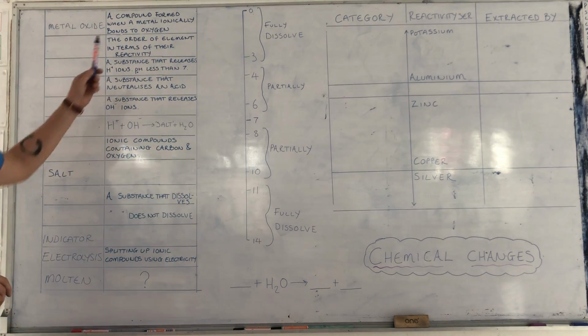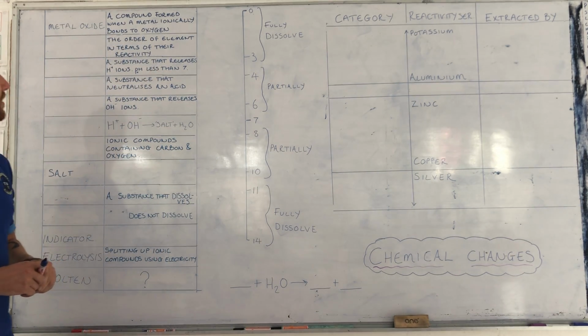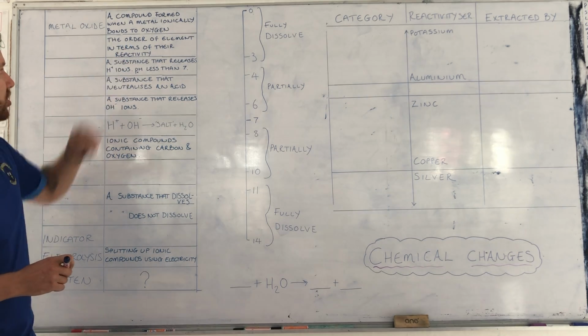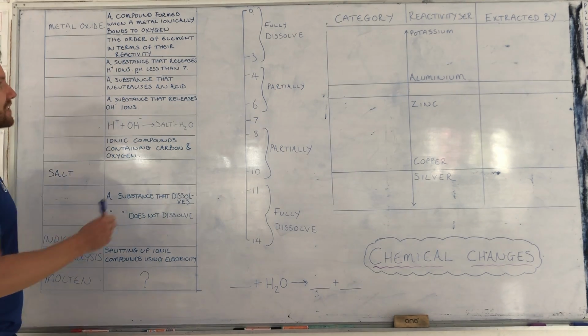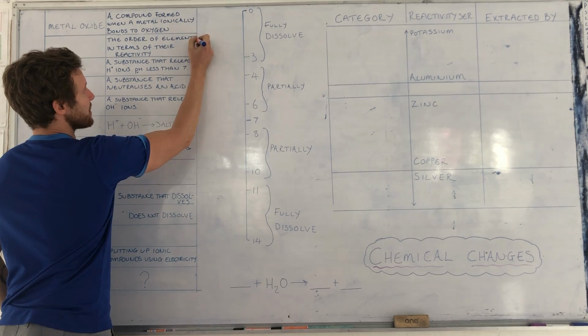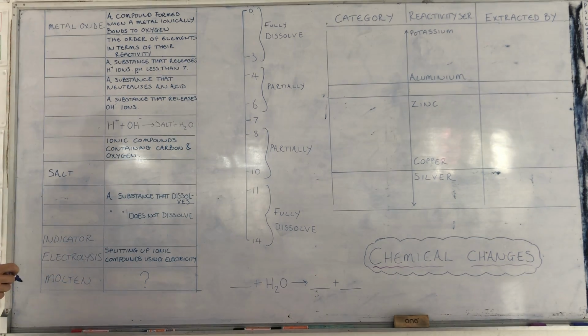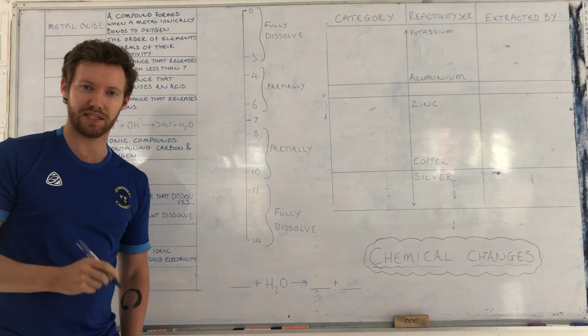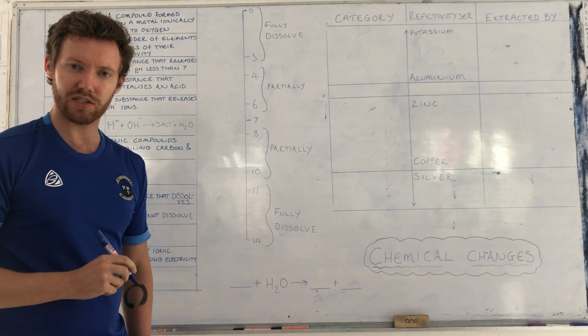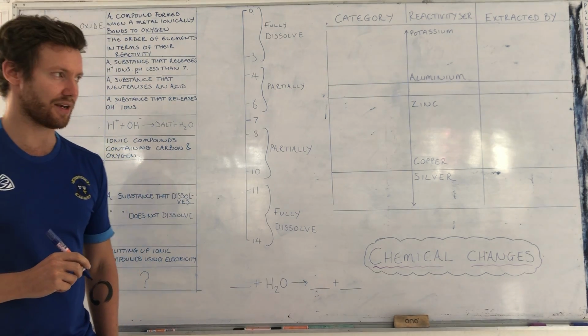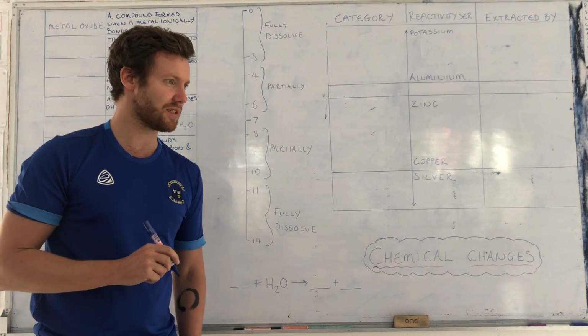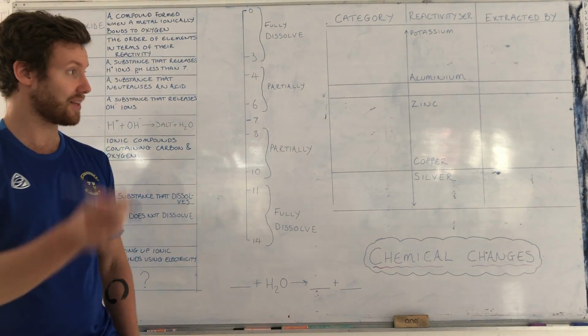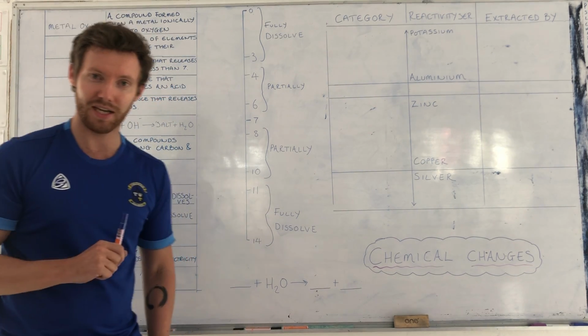Okay, so next one, the order of elements in terms of their reactivity. Hopefully that has triggered something in your mind about sending lions, cats and monkeys to lovely hot countries. Thailand being a lovely hot country at the moment. Yes, correct.